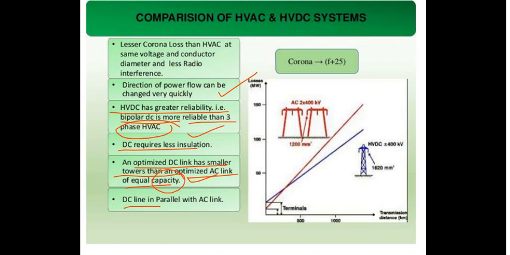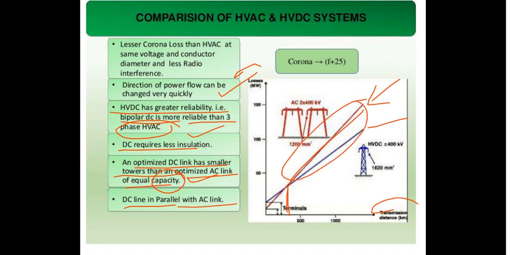Now, if you look at the losses with respect to the transmission distance, there is a break-even point here. Your HVDC is this, and the HVAC is this. Beyond this point, definitely the losses are more in the AC system compared to the DC system. Up to a certain distance, the losses in the DC system are more because of the power losses taking place in the terminal equipment.